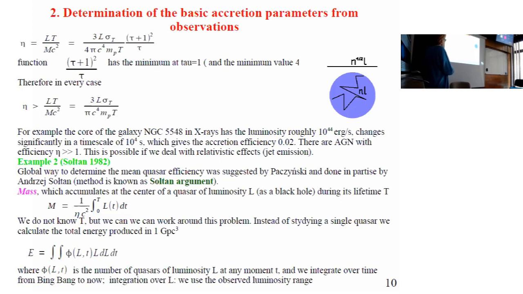In principle, this is a simple expression. The luminosity can change with time. Why not? It should actually change with time. And the problem is that you don't know the active time of the quasar. You do not know how the luminosity of this quasar changed during its lifetime.